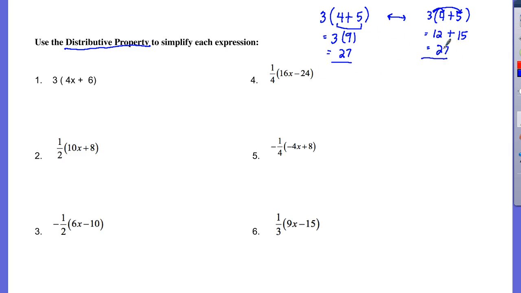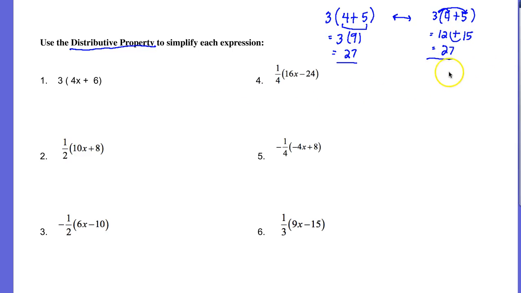What if you have something like this, wherein you cannot work inside the parentheses? I can't simplify this. I don't know what x is. So you will have to use this strategy to simplify that.